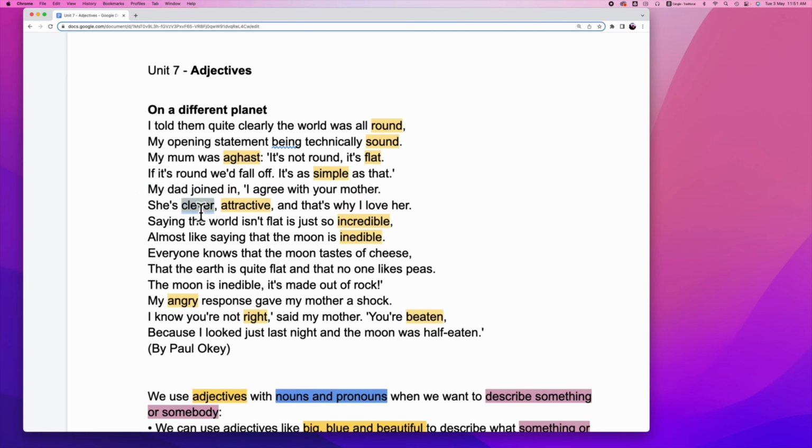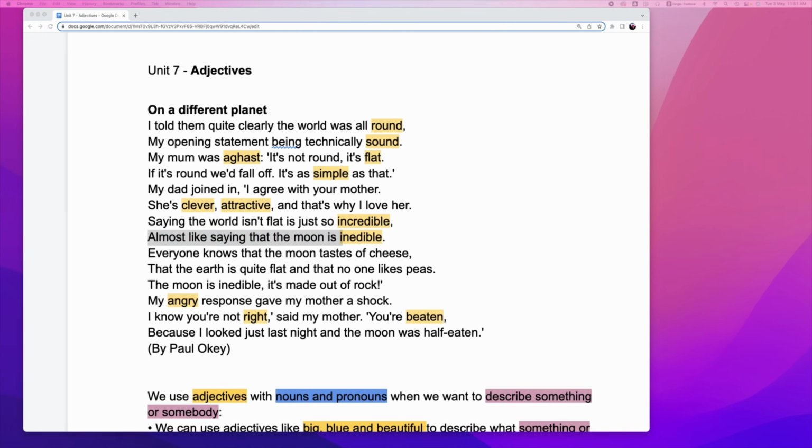She's clever, attractive. So clever and attractive are adjectives. And that's why I love her. Saying the world isn't flat is just as incredible. So incredible is another adjective. Almost like saying that the moon is inedible.